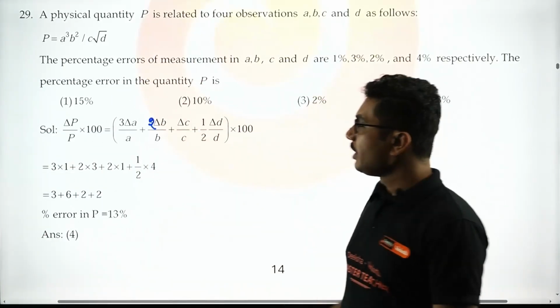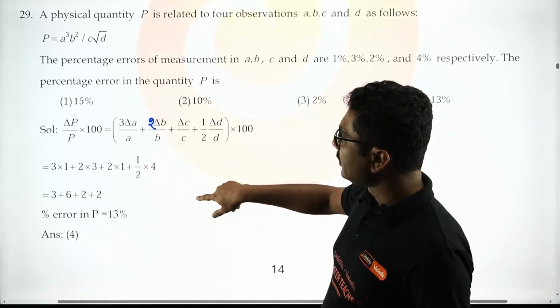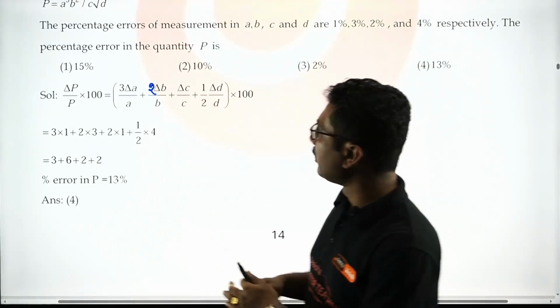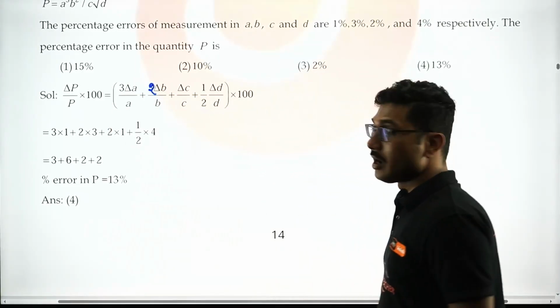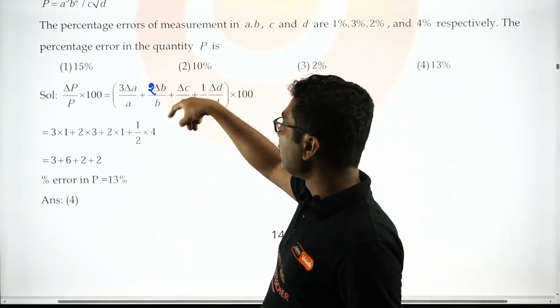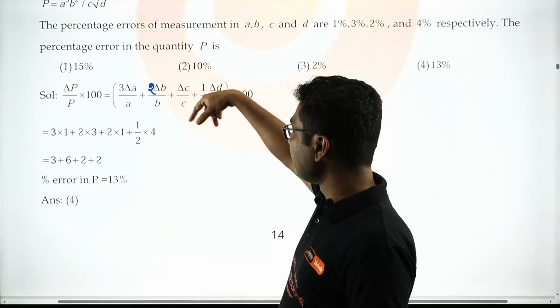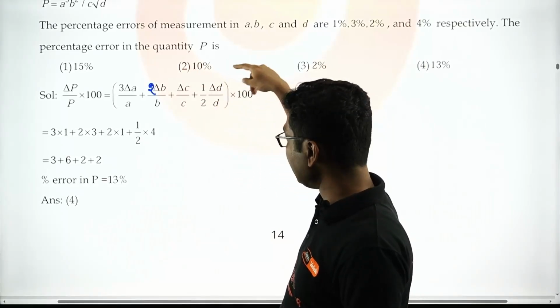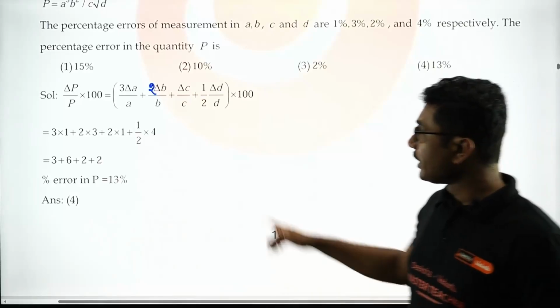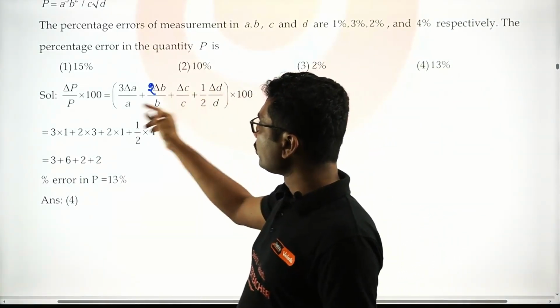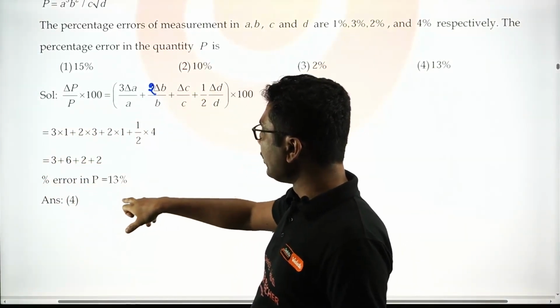So this is how we do the percentage error. This is an easy question, and once you know that, you have to put in the percentage errors. So delta a by a is the percentage error in the quantity A. Delta b by b is the percentage error in B, delta c by c is the percentage error in C, and delta d by d is the percentage error in the quantity D, right? So put those percentages and we will get the total error.